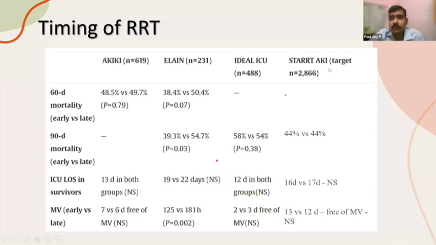So as per the largest study, there is no particular advantage in starting dialysis early, and if started early, the patient may be subjected to extra complications of vascular access, episodes of hypotension, and delay in renal recovery.